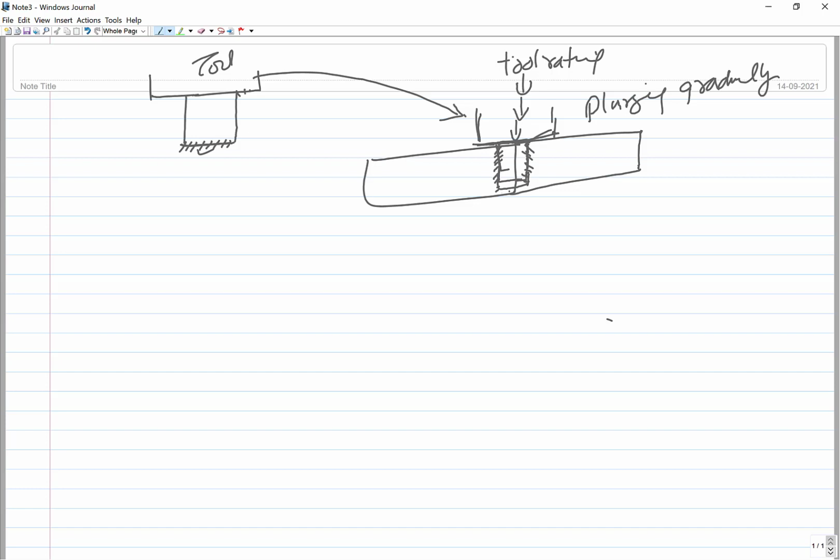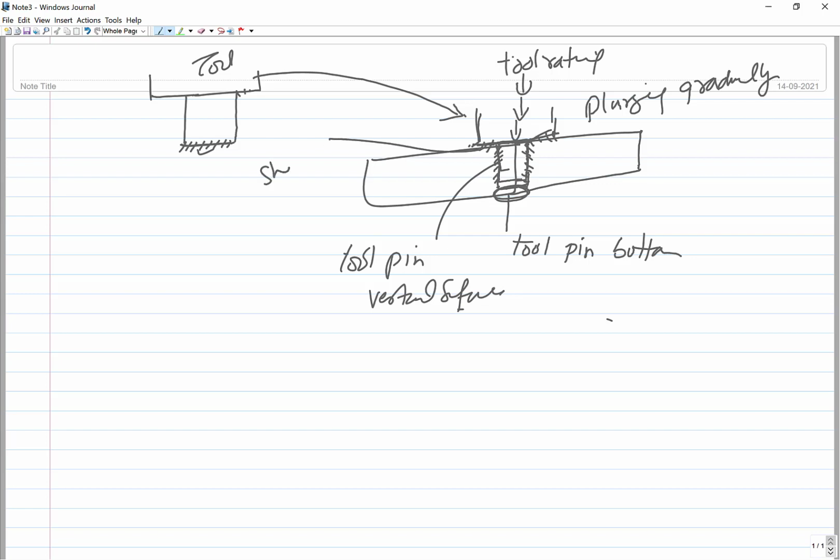So here we'll say the one zone that will be contributing is the tool pin, the bottom portion. Then the vertical surface of the tool pin will also be producing heat, and then the shoulder, the portion which is in contact with the workpiece, will also be generating frictional heat.